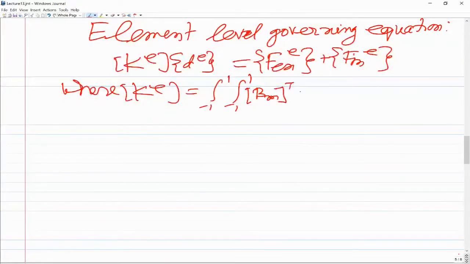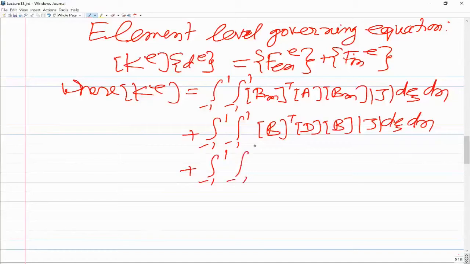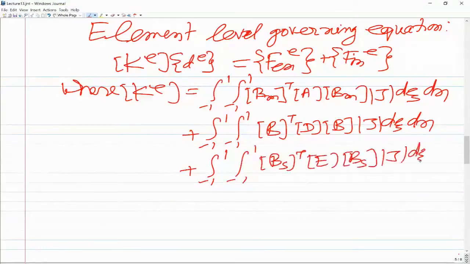So Bm transpose into A into Bm into determinant of J into d xi d eta, plus integration from -1 to +1, and let us say Bb is the matrix which relates the curvature and the vector of elemental degrees of freedom. So Bb transpose into D into Bb into determinant of J into d xi d eta, plus integration from -1 to +1, and you will have Bs transpose into E matrix into Bs into determinant of J into d xi d eta.